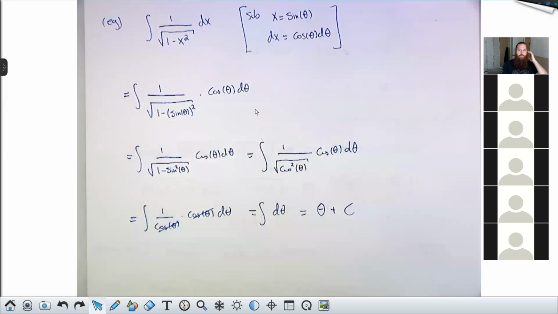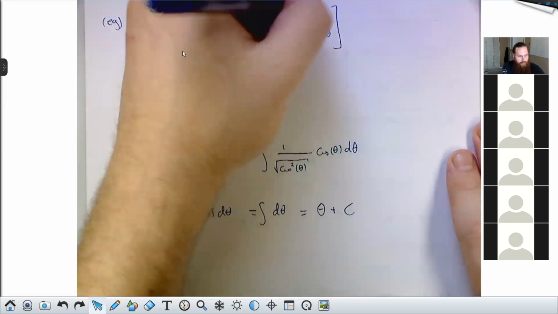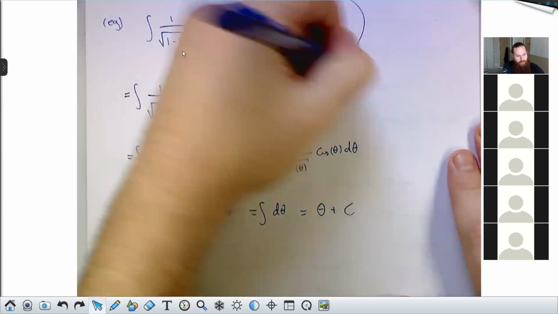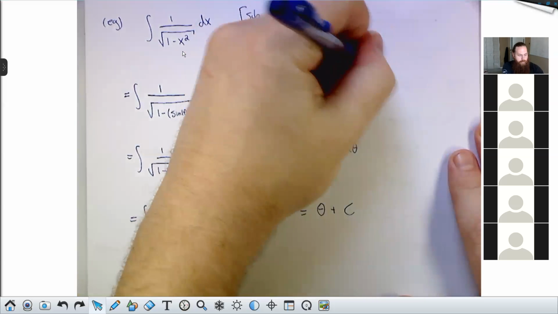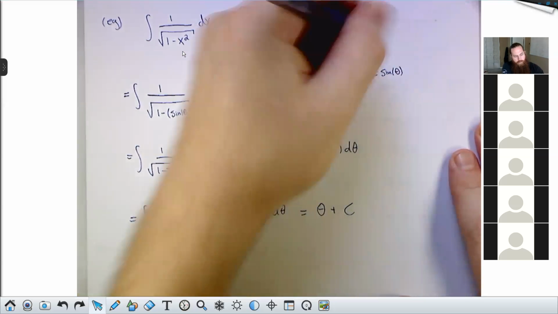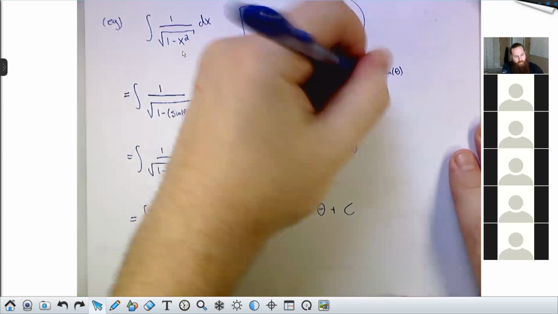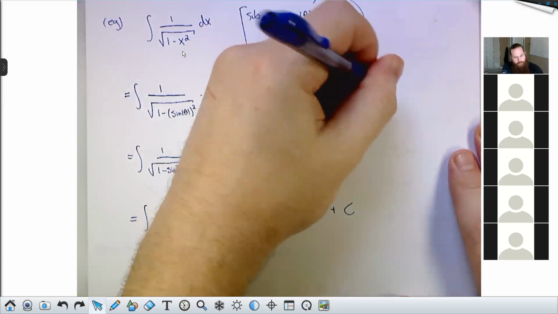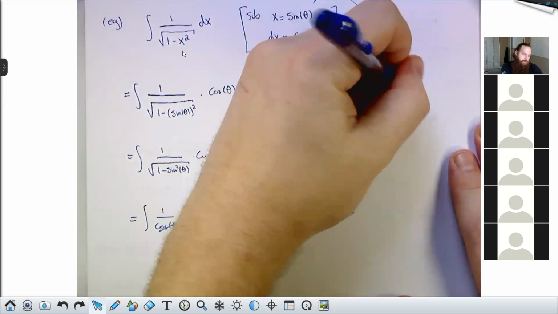The last thing I need to do is go back to my original variable. It's an indefinite integral, so I got to go back to the original variable, which was x. And if you take my substitution here and try to solve it for theta, x is equal to sine theta implies that the inverse sine of x is equal to theta.